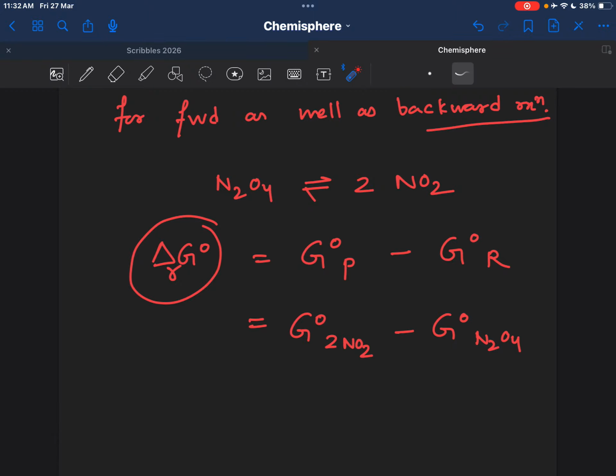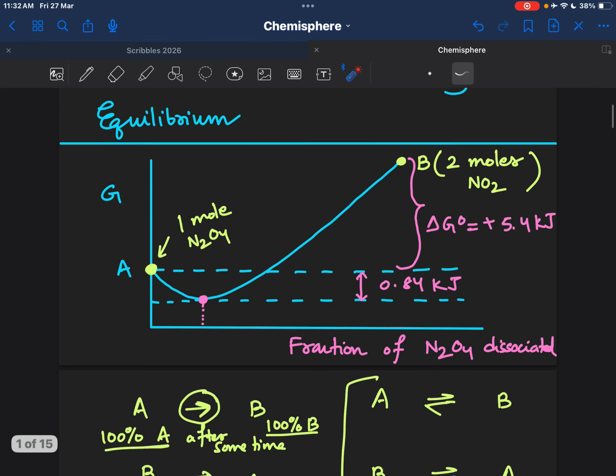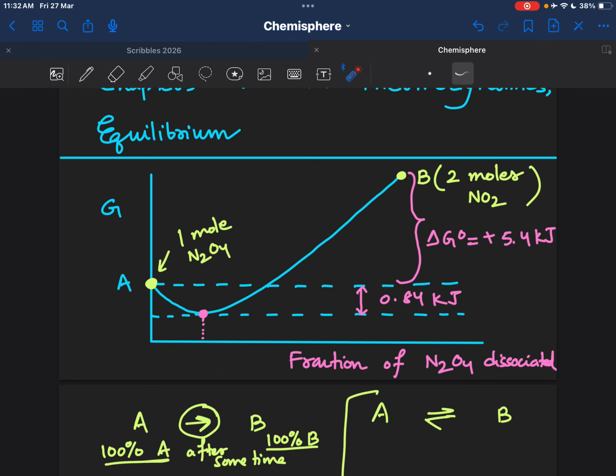For this we have to go back and look at the graph. So this is our graph. Can you see, this is the G of 1 mole of N2O4, and this is the Gibbs free energy of 2 moles of NO2, right? What's the difference between them?